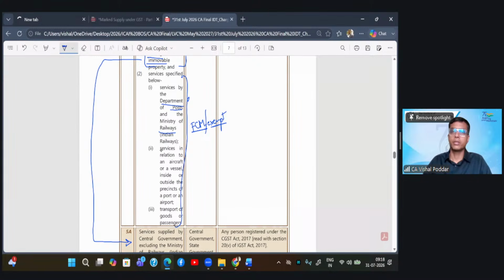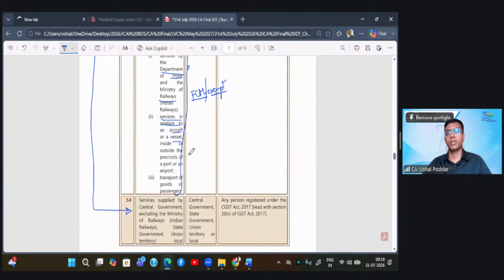Second, services which are in relation to aircraft vessel, which is inside or outside the port or airport. So services done in the aircraft, services done for the aircraft within the port airport is what is again covered in FCM. So port authorities, whatever they charge to you, that will be covered in forward charge. And last is transportation of goods or passenger.